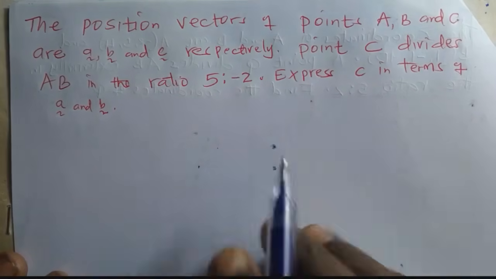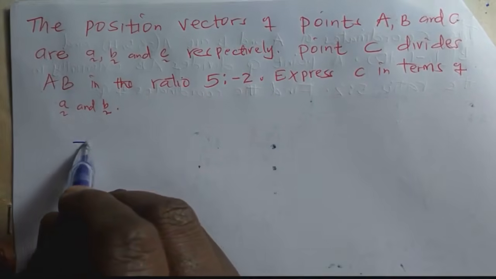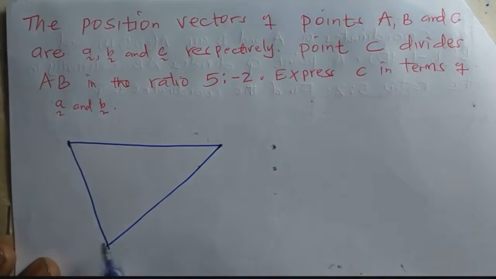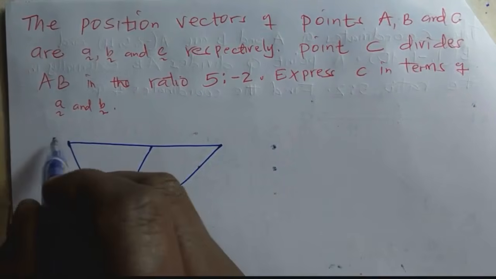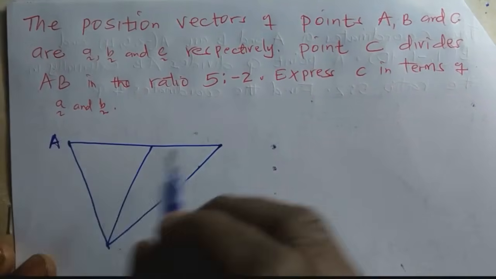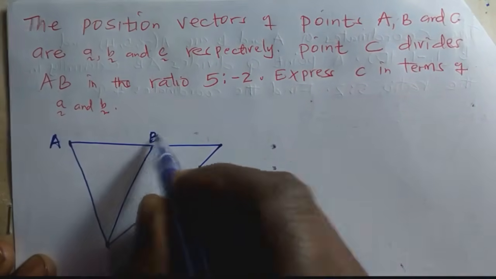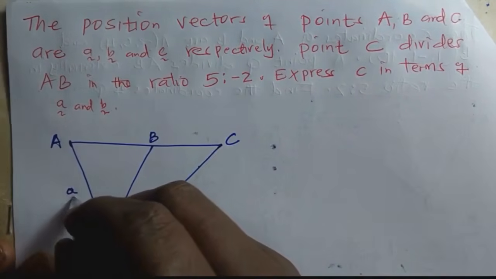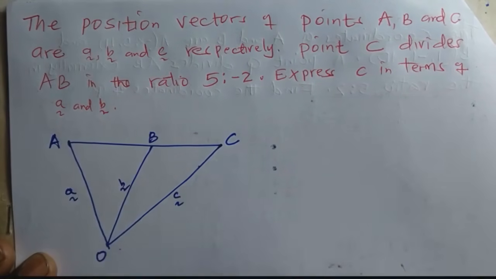So let's try to sketch the diagram. We have A, point C is dividing AB externally. So we have B and C. This is A, B, and C. This is O.